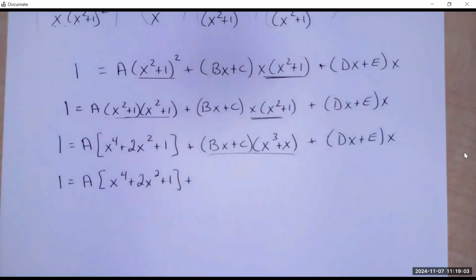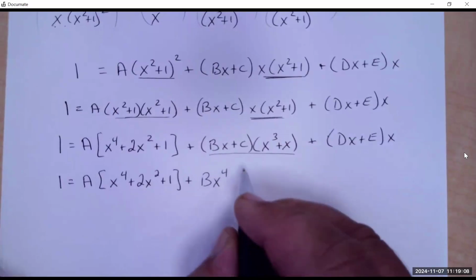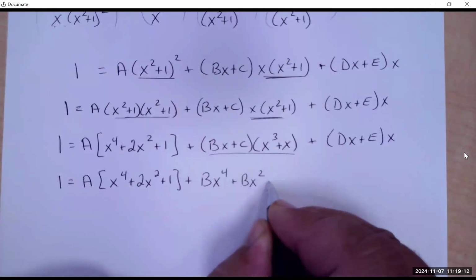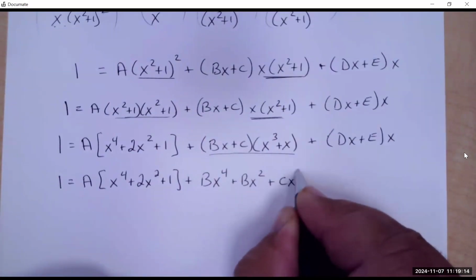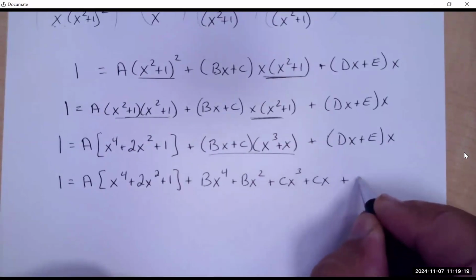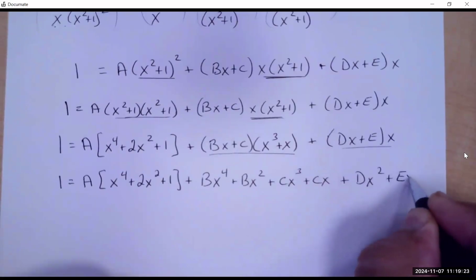Multiply these two together, gives us bx to the 4th, bx squared, cx cubed plus cx. Multiply these two together, dx squared plus ex.